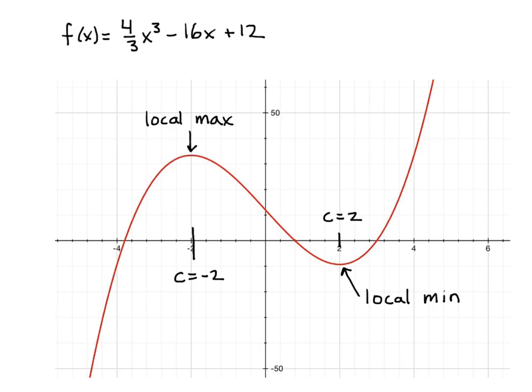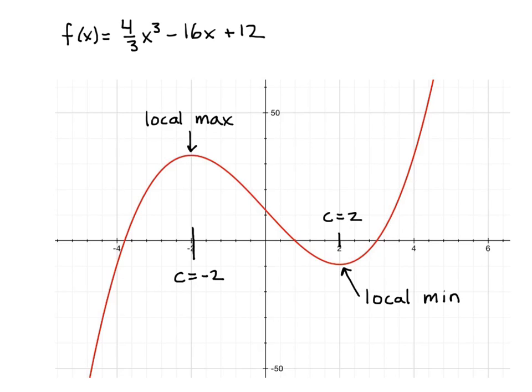And so if we look at the curvature of these, you see at c equals negative 2, the critical value of negative 2 gives us a concave down indication from the second derivative, and it gives us concave up from the critical value of 2. So it's an easy, analytical way to tell us in a function whether we have a local minimum or maximum without actually having to resort to graphing it.